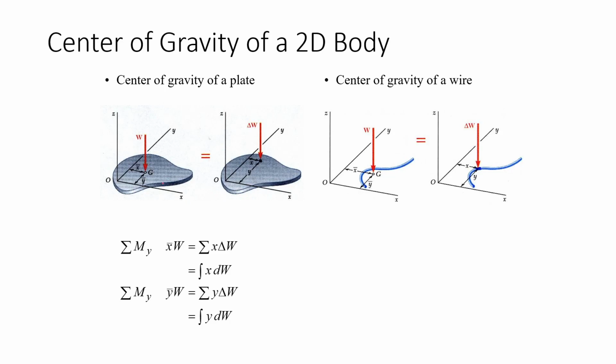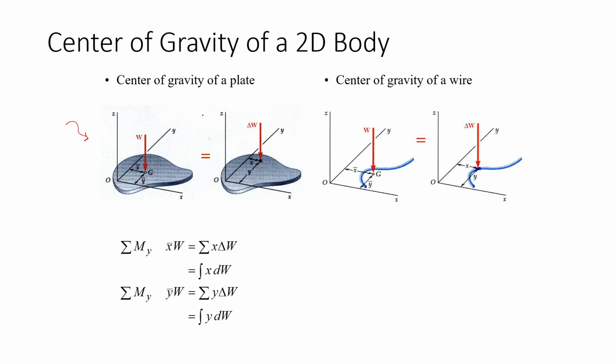Okay, so if we're going to use physics, since we are not dealing with area, we are dealing with weight. If you try to derive your figure, on the left side, as you can see the coordinates, you're going to have bar x and bar y, which is the direction going towards the center of gravity of a plate.